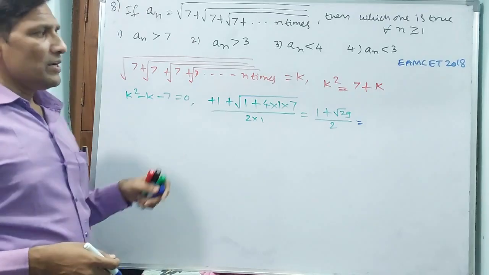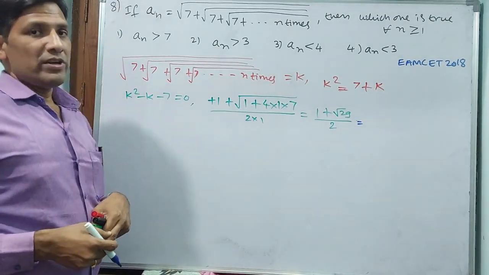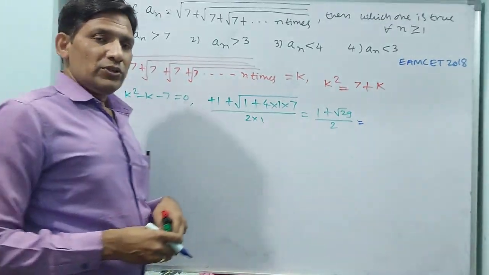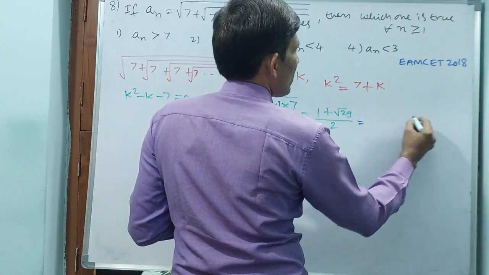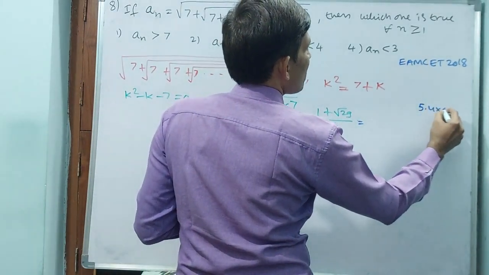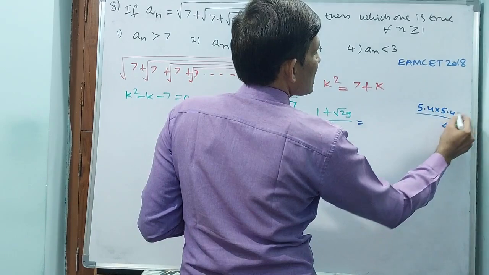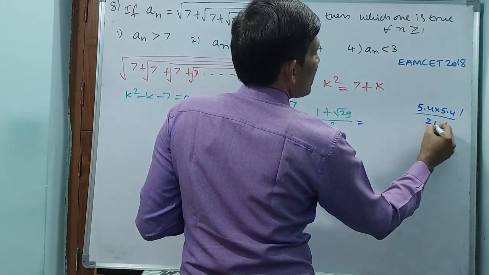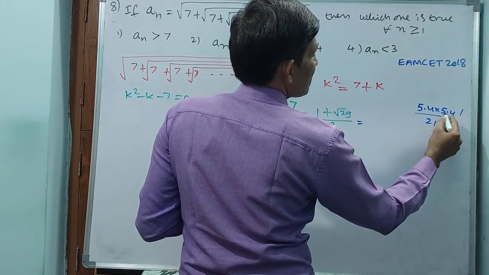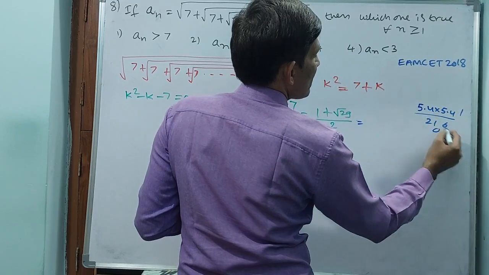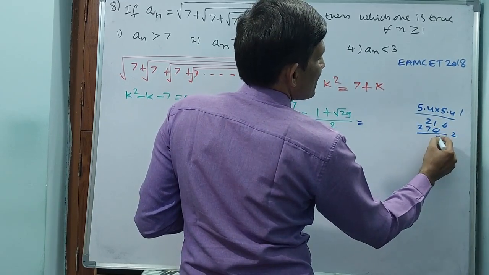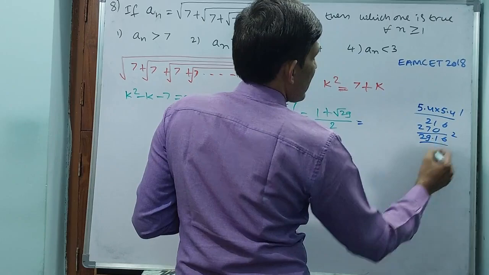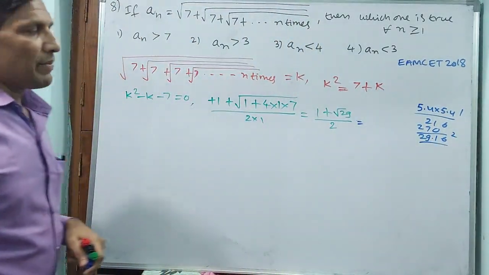You see, 5 square is 25, 6 square is 36. 5.23 or 5.4, shall I take 5.4? Because 5.4 into 5.4: 4 4s are 16, 4 5s are 20 plus 1 is 21, 5 4s are 20, again 5 5s are 25, 27. 29.16 will come approximately.